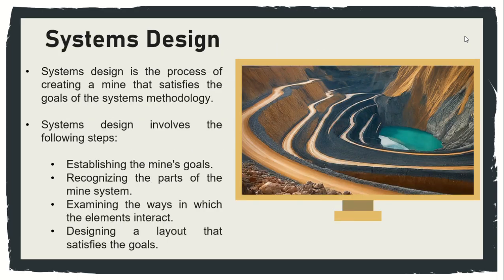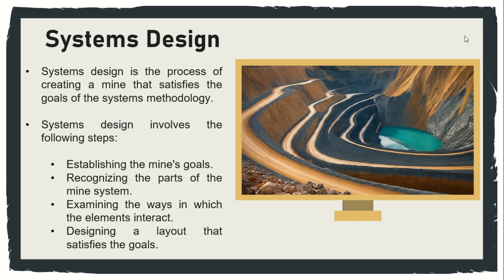So next is the system design. System design is the process of creating a mine that satisfies the goals of system methodology. System design involves the following steps: establishing the mine's goals, recognizing the parts of the mine system, examining the ways in which the elements interact, and designing a layout that satisfies the goal.